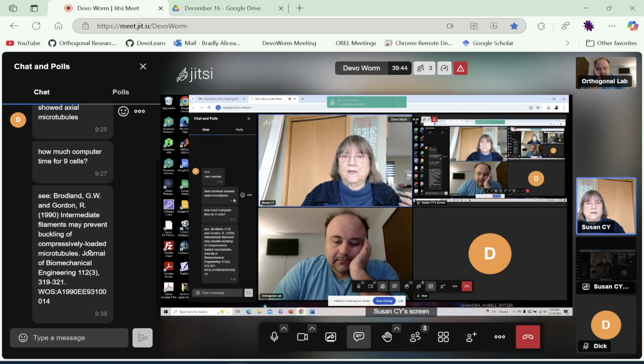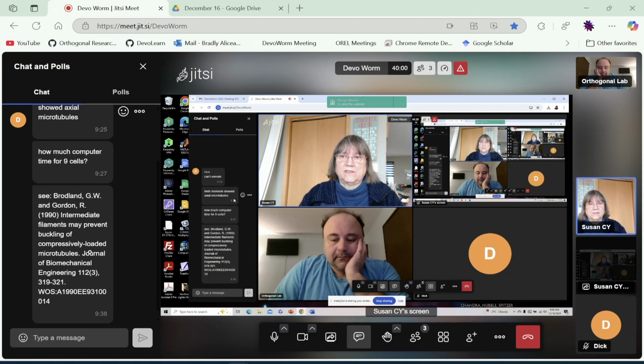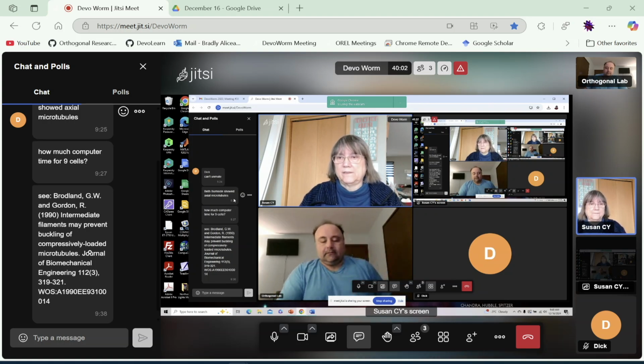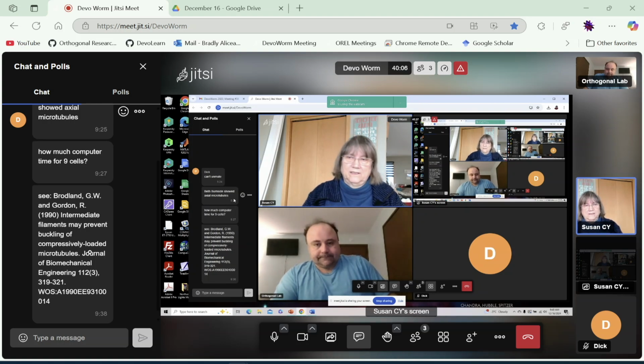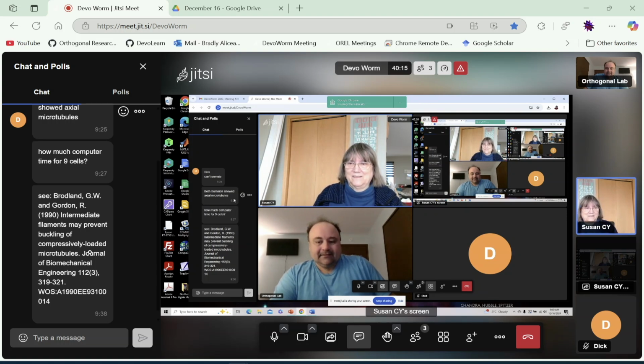So I haven't included intermediate filaments, and I have said that the attachments are at the top with the trijunctions, the T4s and the T3s. And that was my very simple model. This is the simplest model I could make of tissue: 3 cells and about 4 attachments at the top belt.